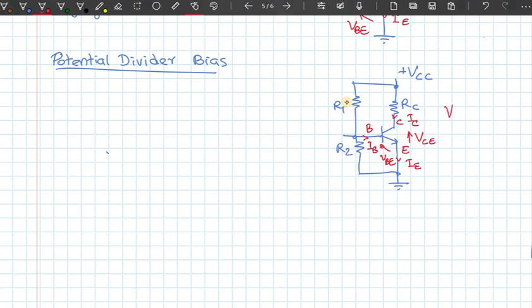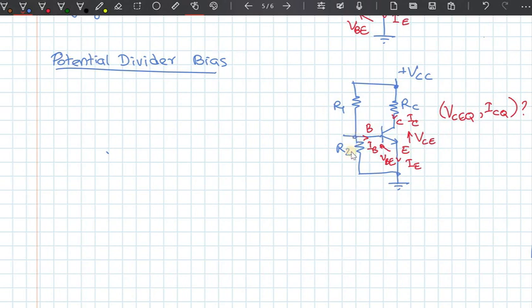That is basically VCE,Q and ICQ under this condition. Okay, so this is what we are going to look at now, and how we are going to achieve the quiescent condition here. Now, it is not as easy as the previous case, because unless R1 and R2, these two resistors, are very small, so that the current through R1 and R2 is much bigger than the current IB, you cannot actually find the voltage at the base directly.